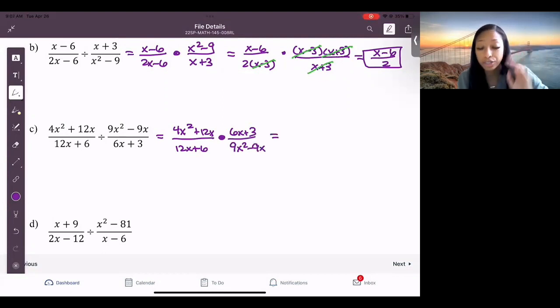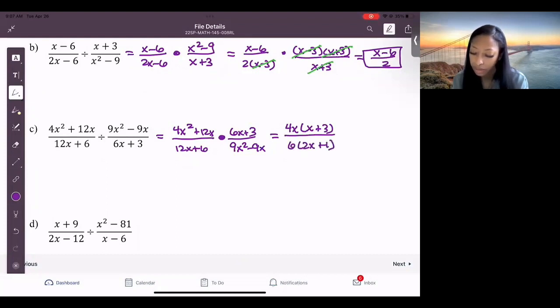And then we factor. The first numerator factors to, we can pull out a 4x from both terms. So that'll be 4x times x plus 3 over, we can pull out a 6 from the denominator, 6 times 2x plus 1. And then from the numerator, 6x plus 3, we can factor out a 3, 3 times 2x plus 1.